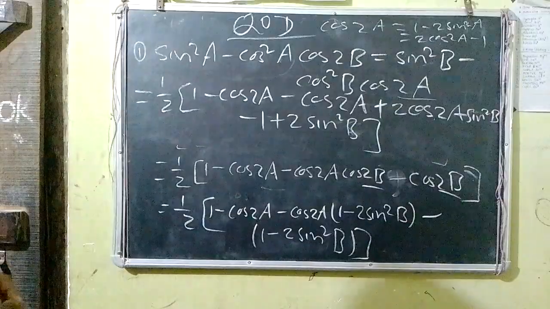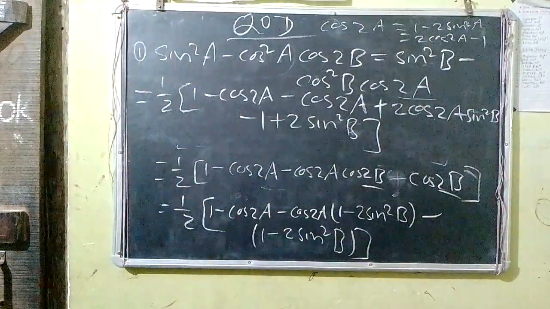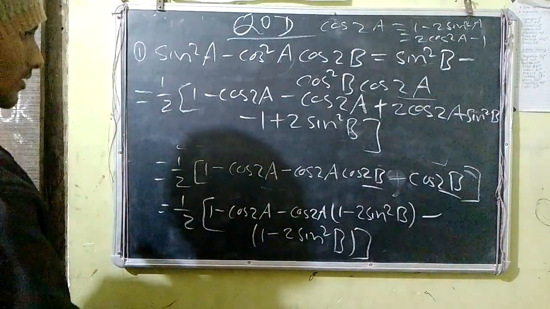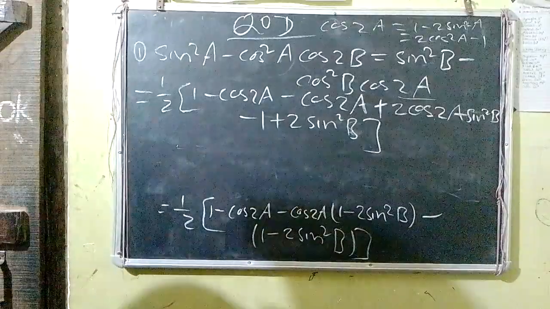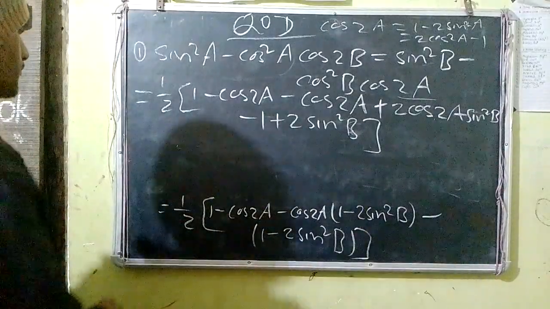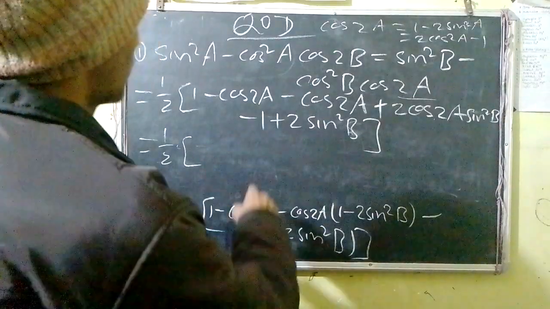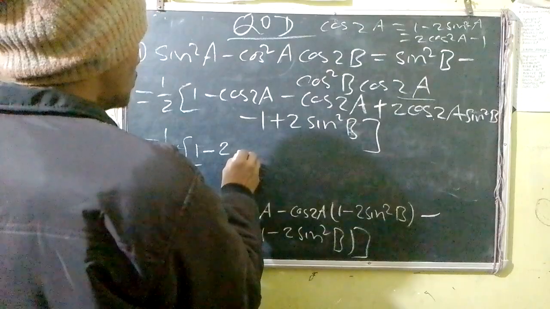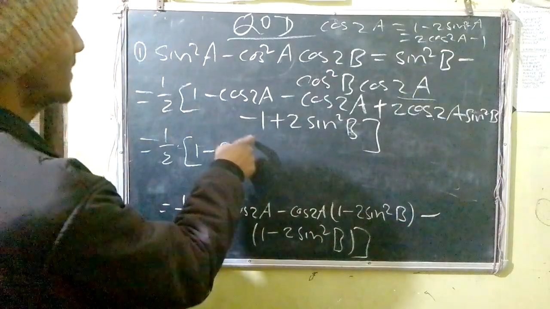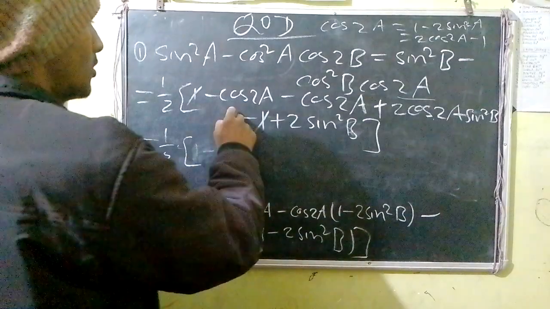I hope you have understood the calculation. Do you have any problem till here? Let's move on. Now this will be half. 1 minus cosine 2A, 2. Okay, wait a minute. 1 cancels out, so I don't need to write 1.